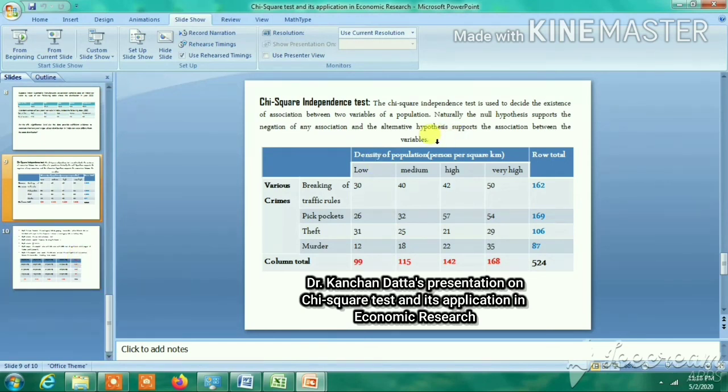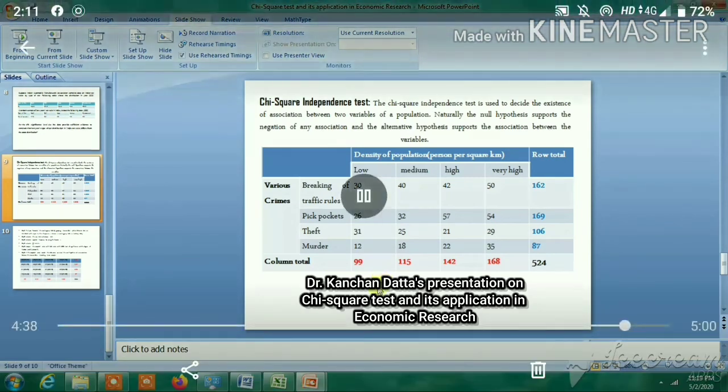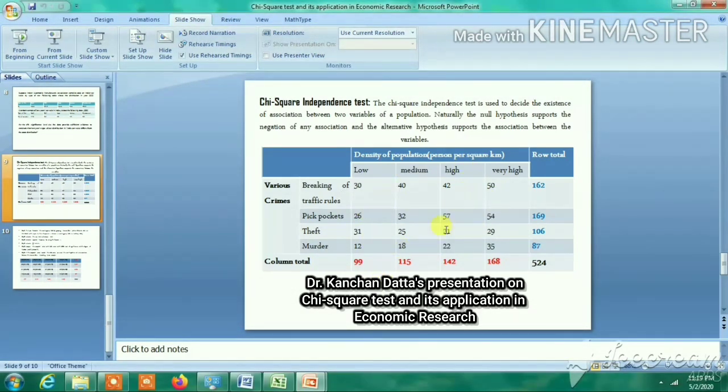The null hypothesis means there is no association between the density of population and the various crimes. On the basis of the given information, we can accept the null hypothesis, because our calculated value is less than the table value. Therefore, we can accept the null hypothesis.